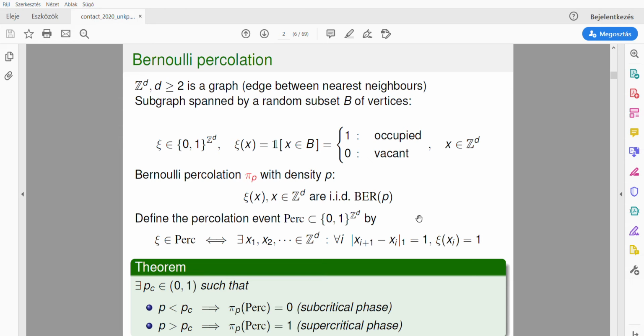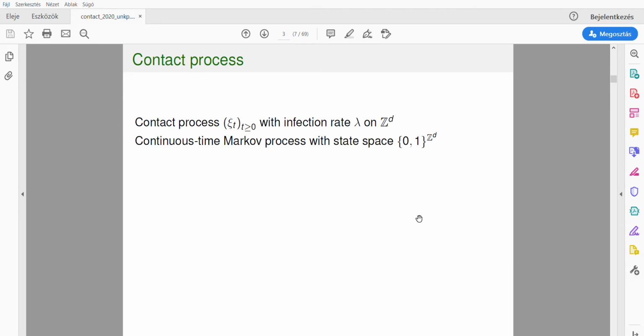So let's talk about the next ingredient of this talk, which is the contact process. The contact process also was invented somewhere around the middle of the 20th century, and it's an interacting particle system. So it's going to be a continuous time Markov process where the state space is the configuration of zeros and ones on Z^d.